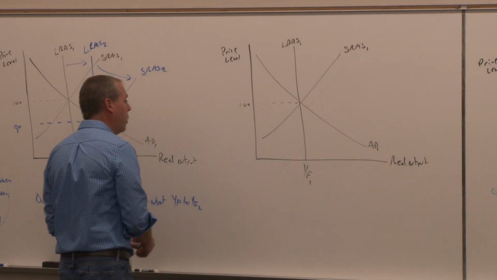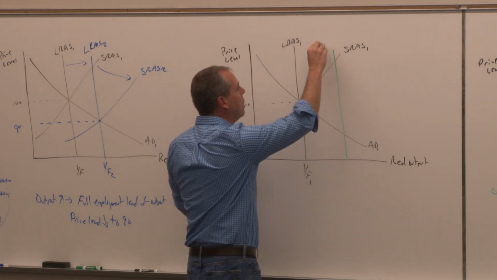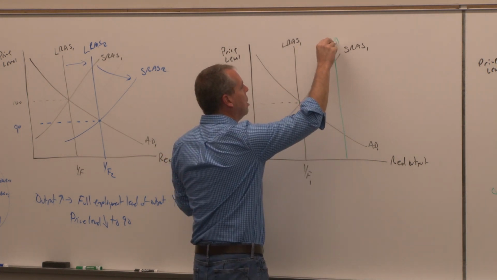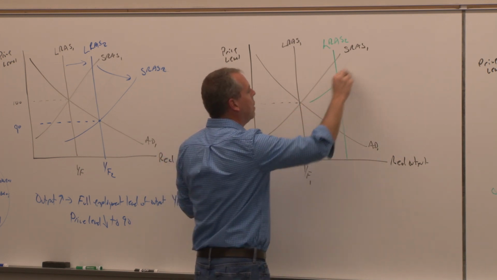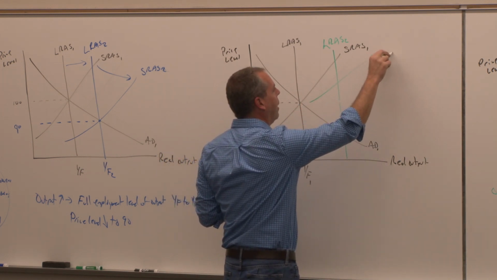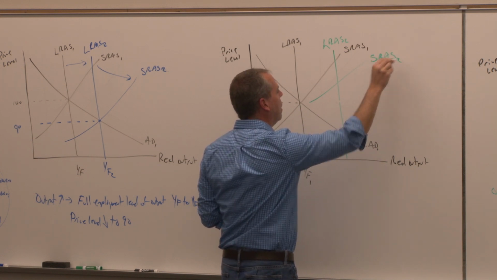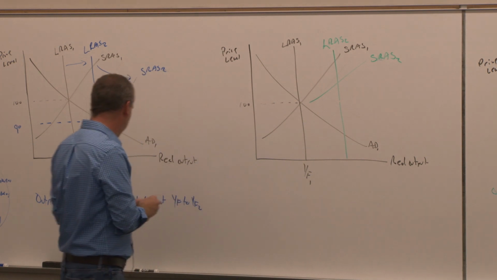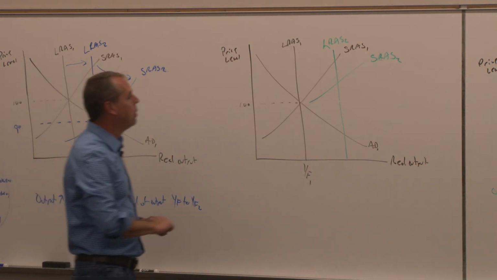We're seeing these increases in our long run aggregate supply curve over time. Every time the long run moves, it brings the short run with it. Right? But at the same time, aggregate demand is also increasing.